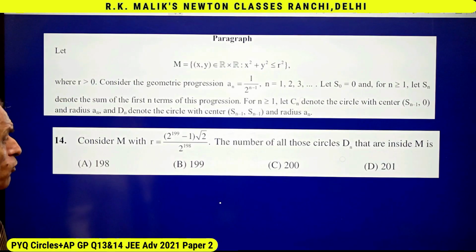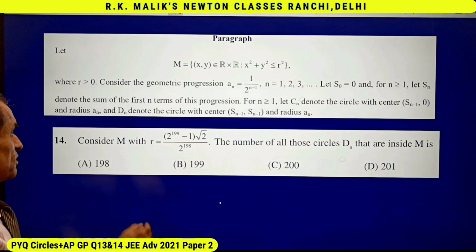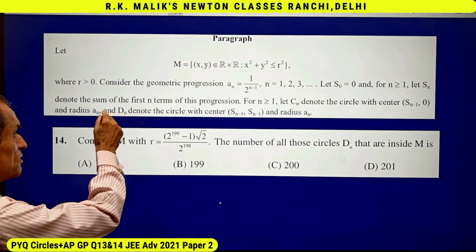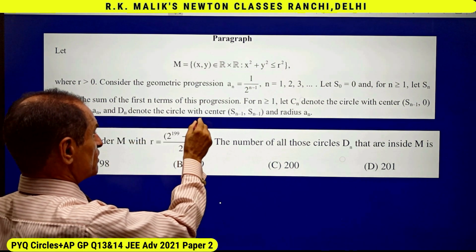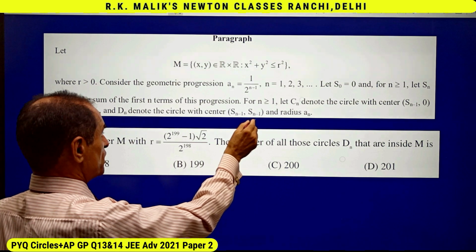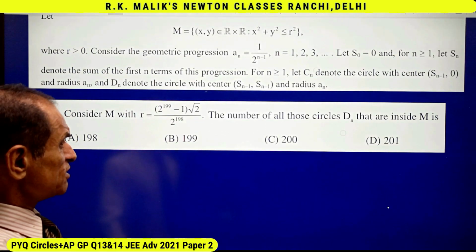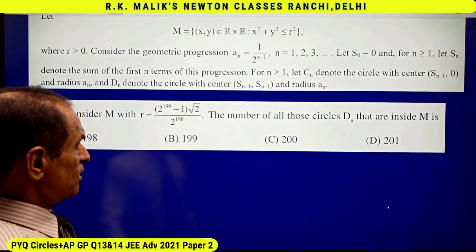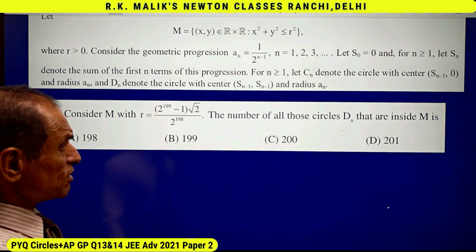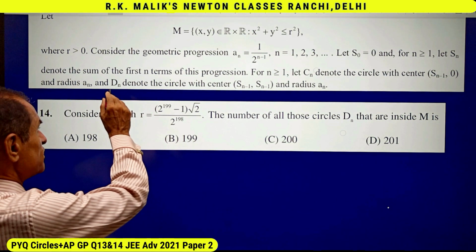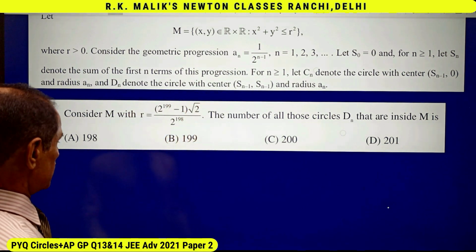And now next question of this paragraph is, in this paragraph he is discussing about the circles Dn, and Dn denotes the circle with center Sn-1, Sn-1 and radius An. As previously I had discussed about the circle Cn, now I will be discussing similarly about the circles Dn. It's given that Dn denotes the circle with center Sn-1, Sn-1.